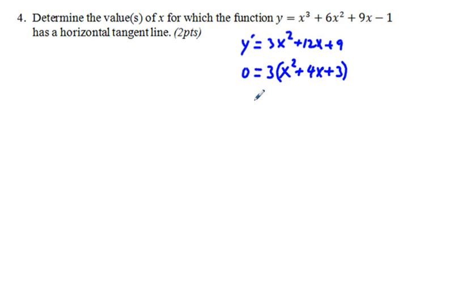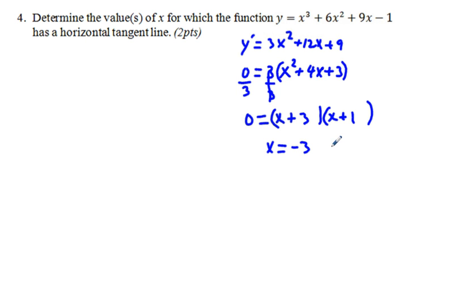We're going to set about solving by dividing both sides by 3. So we have 0 equals, and now we're going to attempt to factor this quadratic trinomial. I think it's going to be x plus 3 times quantity x plus 1. And using the zero factor property, x plus 3 equals 0, and x plus 1 equals 0. So x is equal to negative 3, and x is equal to negative 1.